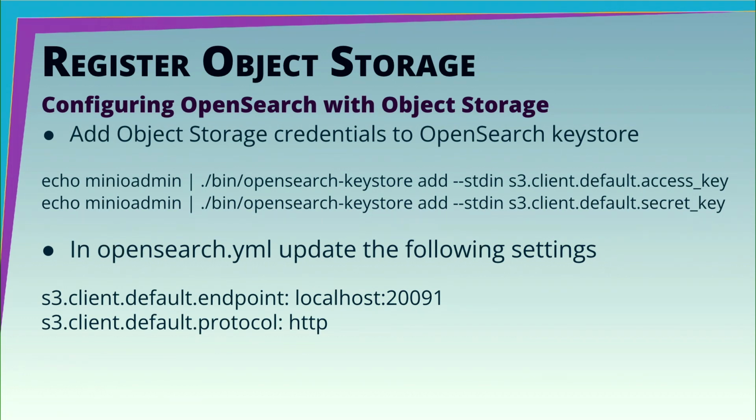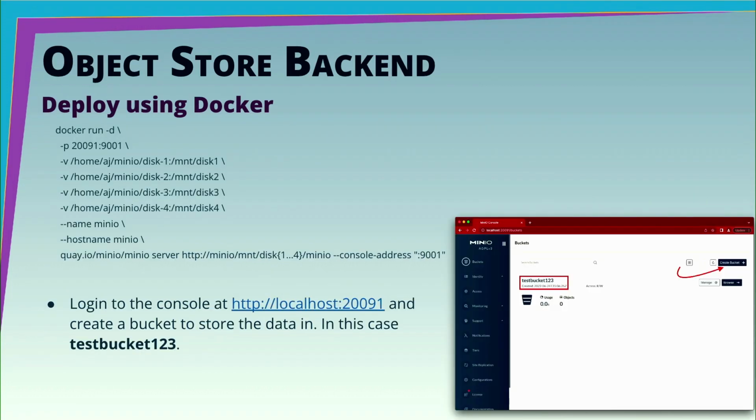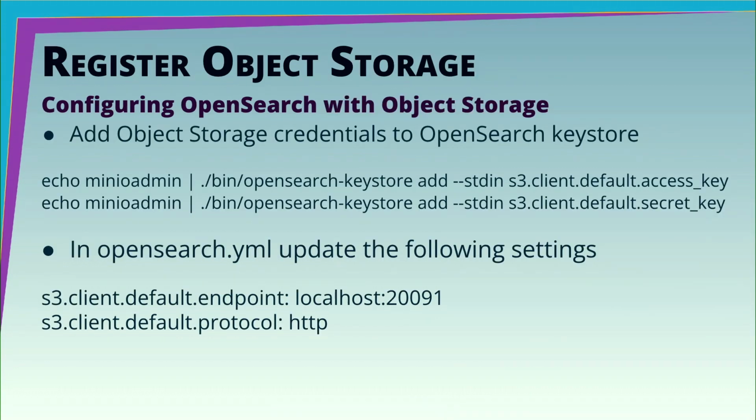In order to do that, we have to set the access key and the secret key, which is the same as the login for the console. So the same credentials we used to log in to the console, we can use here as well. And then we'll be able to configure the object storage credentials in OpenSearch.